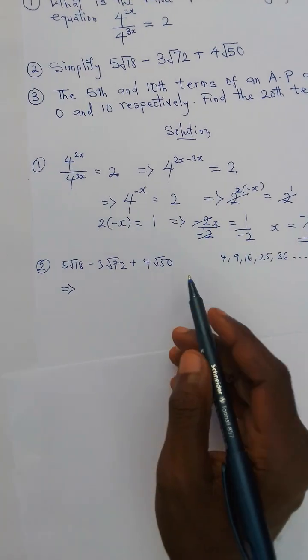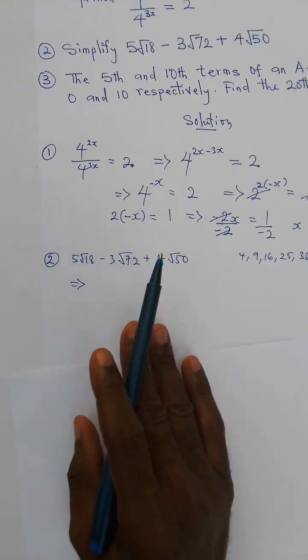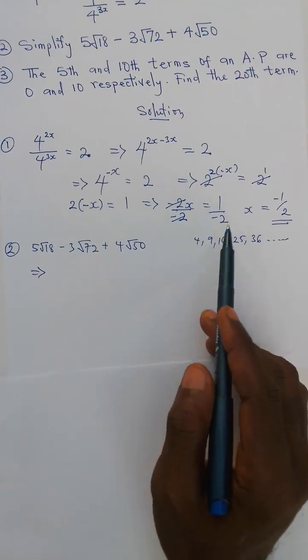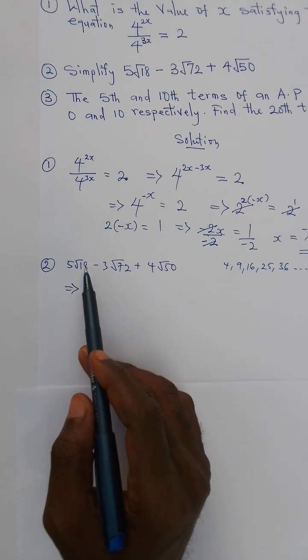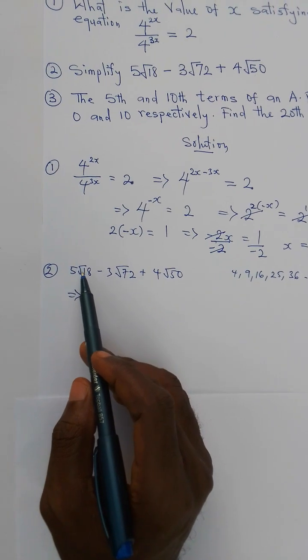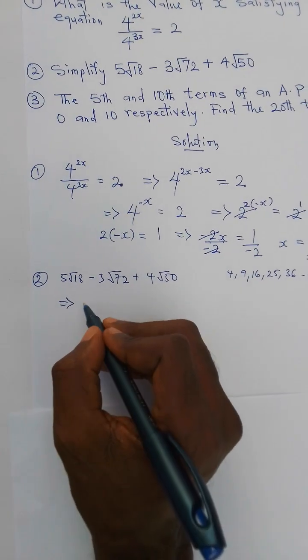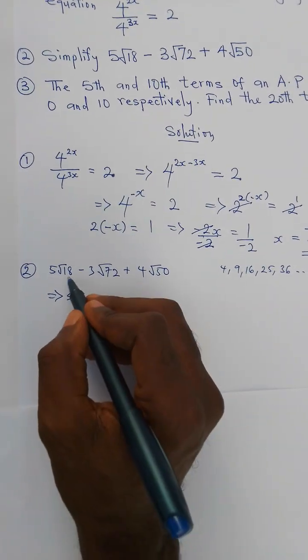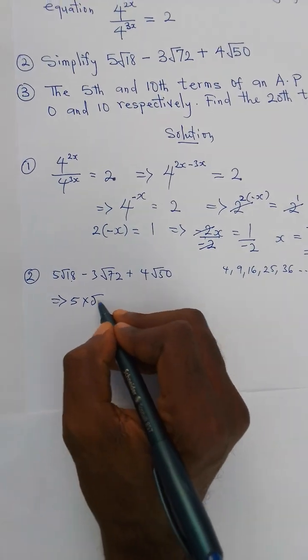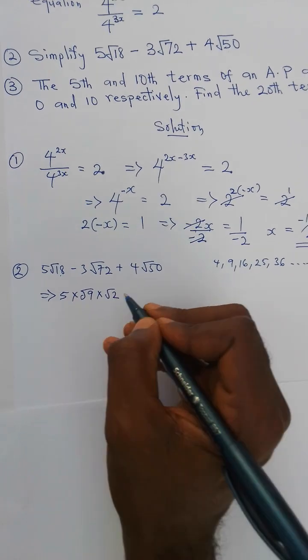Okay? So now, which of these perfect squares can go into 18? 9. 9 goes into 18 how many times? 2 times. So this 18 now, we are going to split this 18 to be, we have 5 here, so write down your 5 times. Split this 18 to be root 9 times root 2.